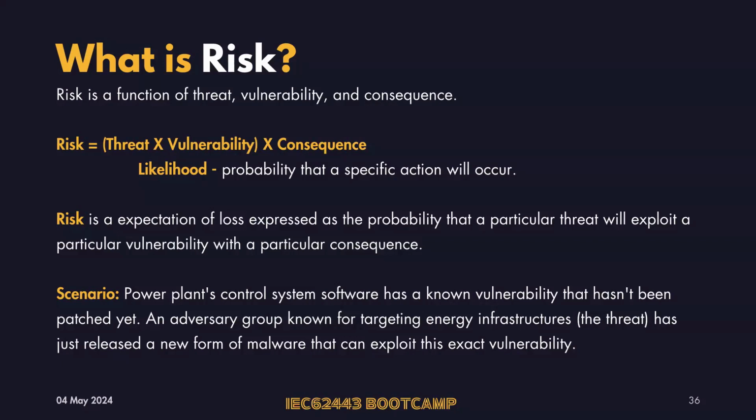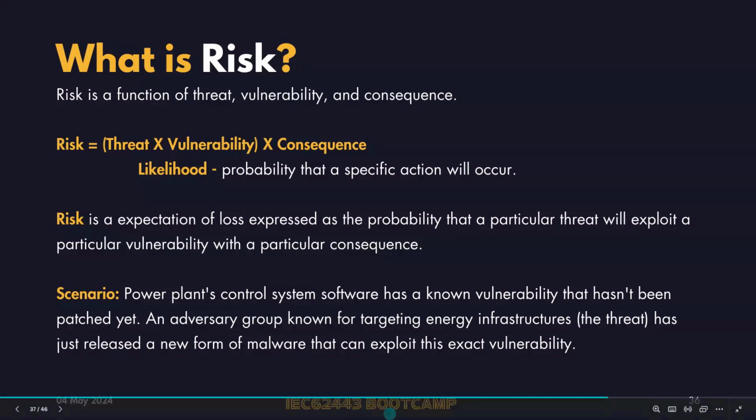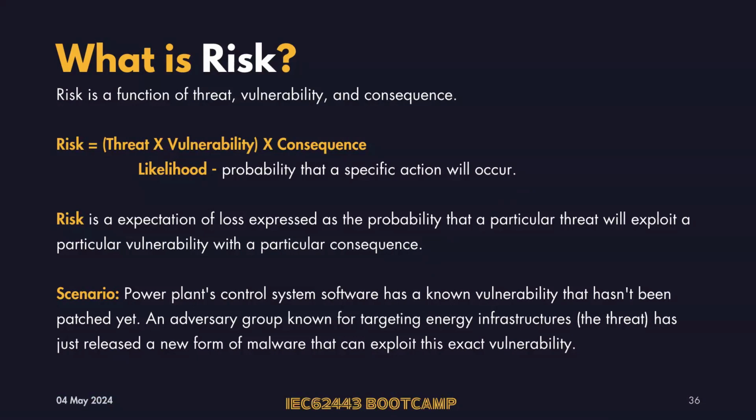So let us try to understand with an example. First we'll try to understand the particular threat. The threat could be a malicious actor who has previously attacked some ICS targets, and they aim to disrupt operations in your manufacturing process or power plant or oil and gas plants.